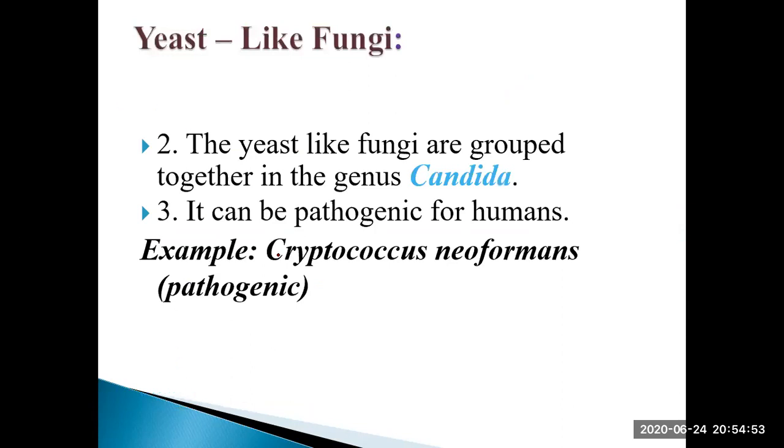It's also grouped together, and the genus is called Candida, and the spore is called Candidiospore, and it can be pathogenic for humans. Normally yeast is not pathogenic for humans, but this yeast-like fungus is. Example: Cryptococcus neoformans.